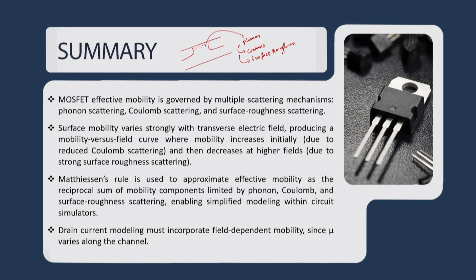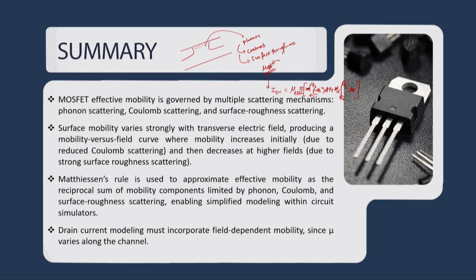We can use the effective mobility concept similar to the effective mass concept, in the sense that we consider all the scattering events inside a parameter mu effective, and we use this in the simply derived equation we have derived earlier and take it out from the integral for simplicity. So, we can simply write mu effective times W divided by L, integration from psi_s0 to psi_sL of minus Qi' delta psi_s, plus integration from Qi'(0) to Qi'(L) of delta Qi' times phi_t, correct?